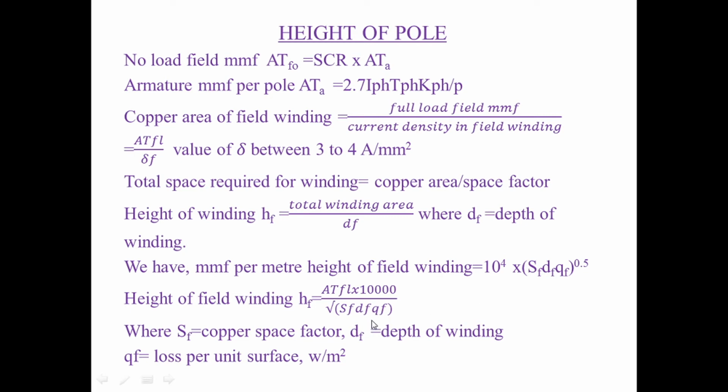So we can calculate the height of the field winding from this formula, where SF is the copper space factor, DF is the depth of the field winding, and QF is the loss per unit surface, in W per meter square. Those are the notations.